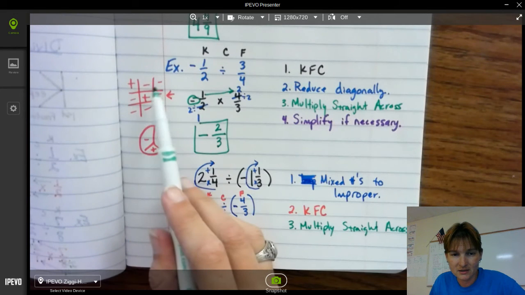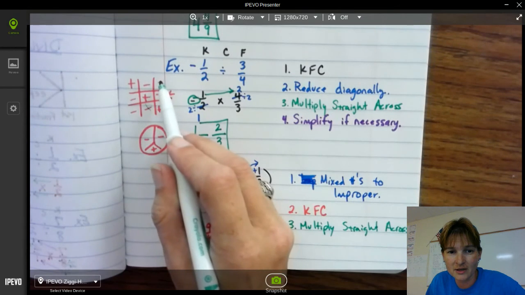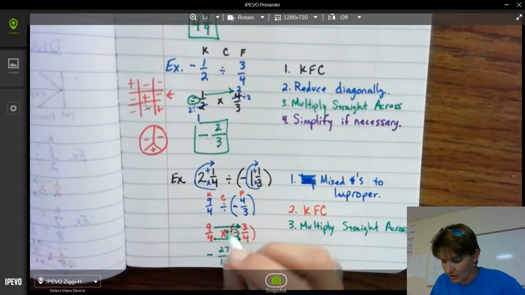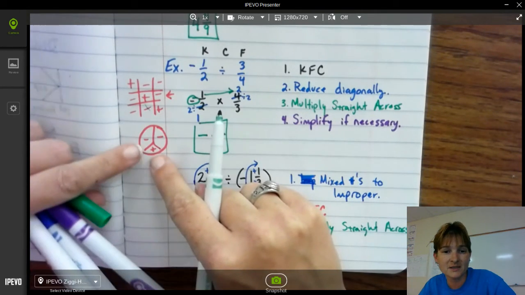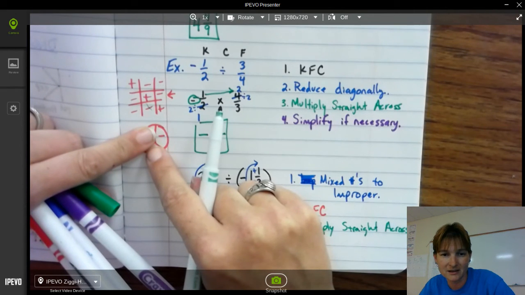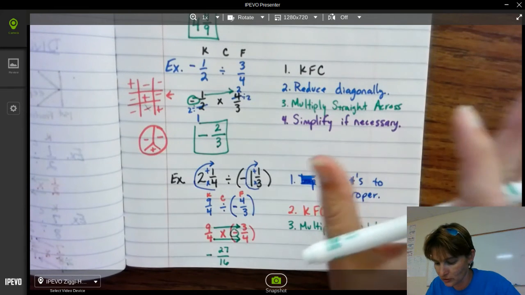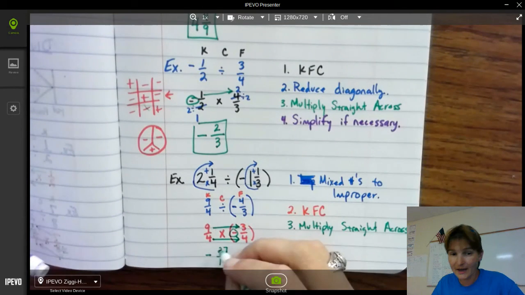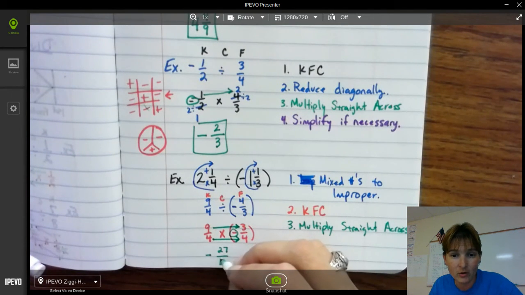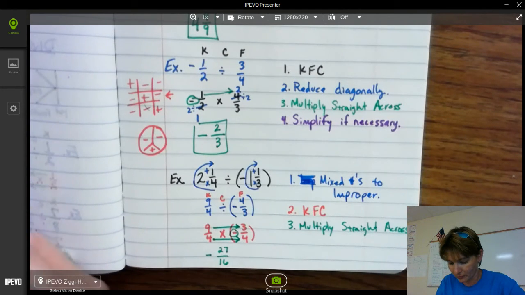And based on this tic-tac-toe board, we have a positive times a negative, so our answer is negative. On the peace sign, we have a positive times a negative, so the answer is negative. Okay, either method works just fine. Doesn't matter which one you choose. Can I leave a negative 27 over 16? No, this is an improper fraction.